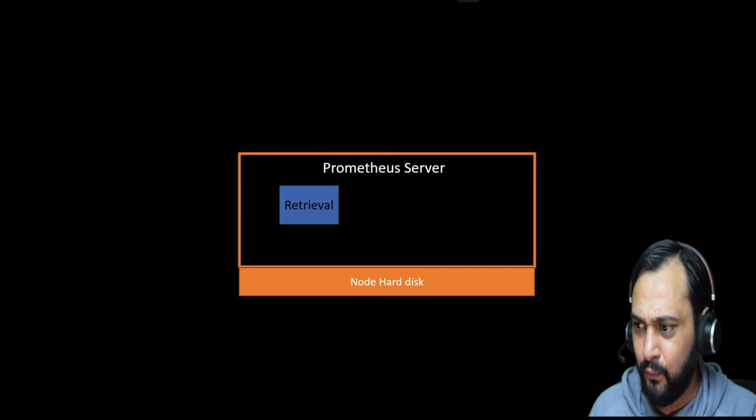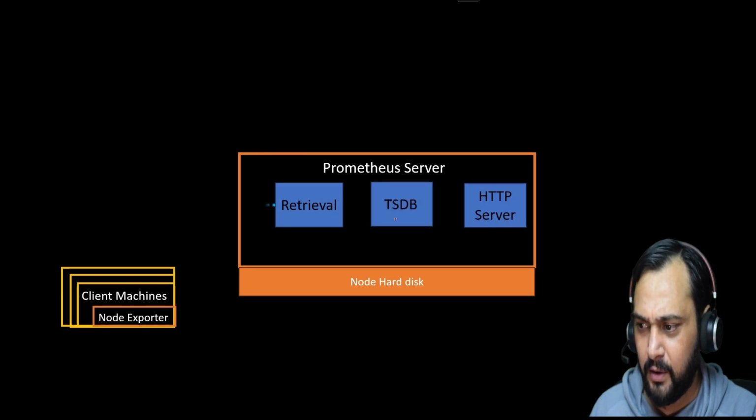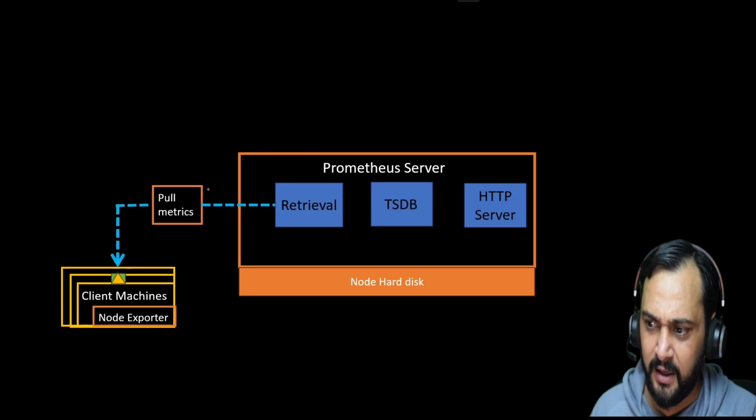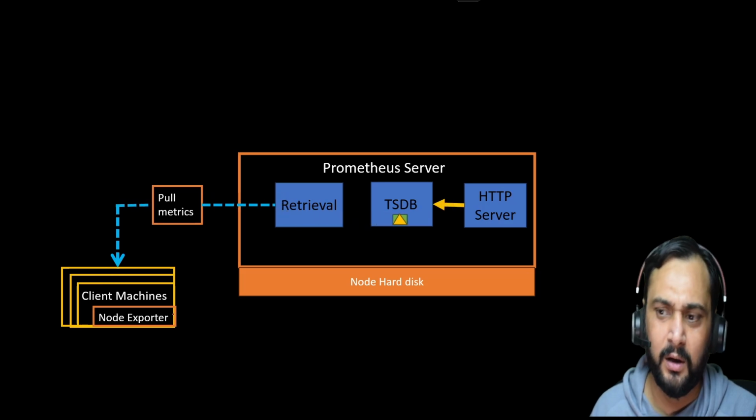Before starting this session, as we know, we have Prometheus server, which is having the retrieval, time series database and HTTP server. It fetches or pulls the data from the node exporter, where this node exporter is our package that we installed in our previous videos.